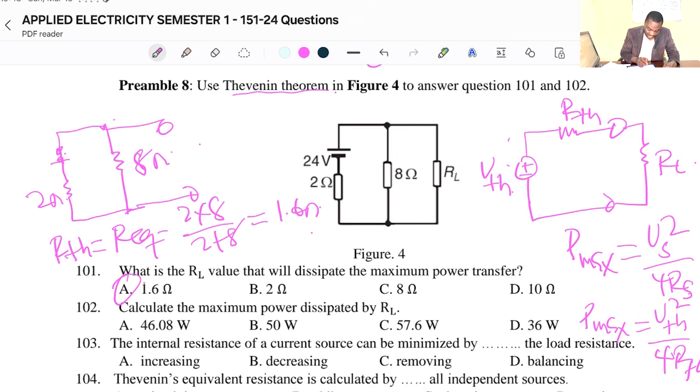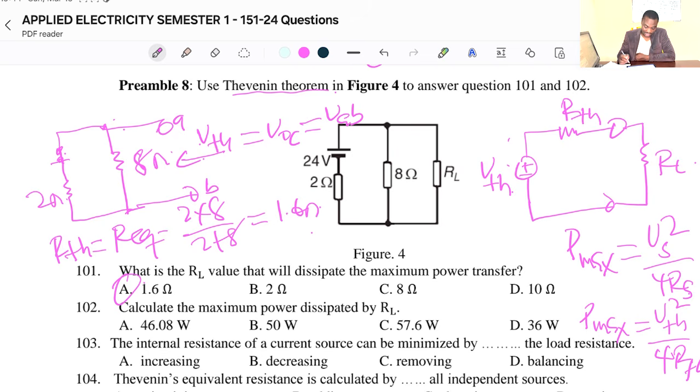Here, after we've opened the circuit, this terminal here is A, and then B. So here becomes our VTH, which is the same as the open circuit voltage, which is the same as the voltage across terminals A and B. When we look, the open circuit voltage would just be the voltage across the 8 ohms.